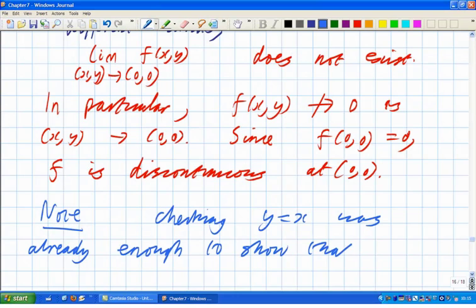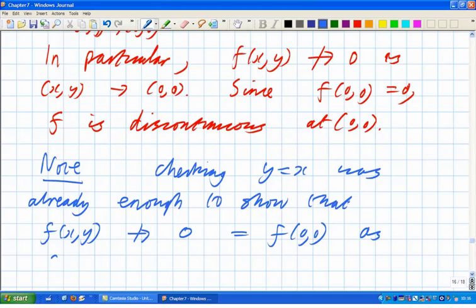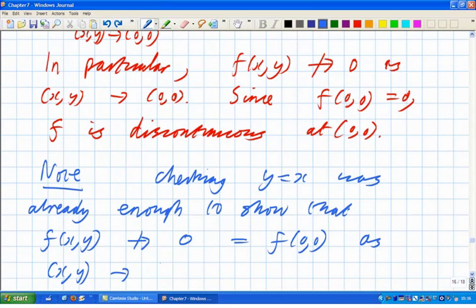Checking y equals x was already enough to show that f of xy did not tend to 0 equals f of 0, 0 as xy tends to 0, 0.